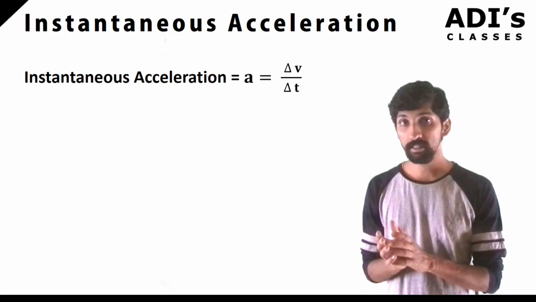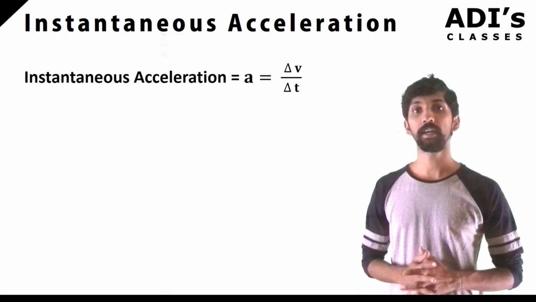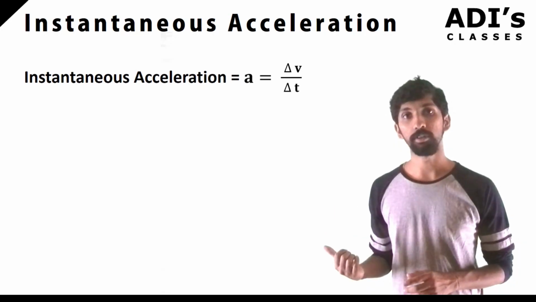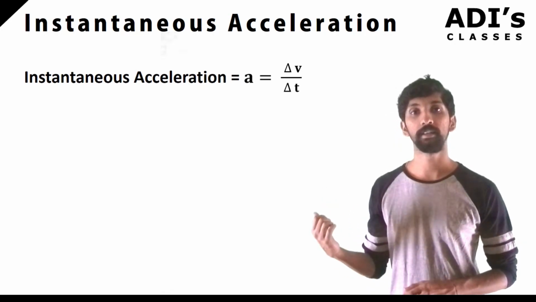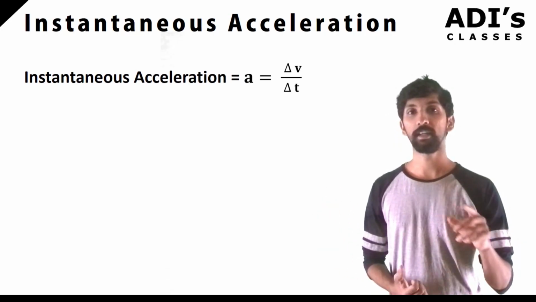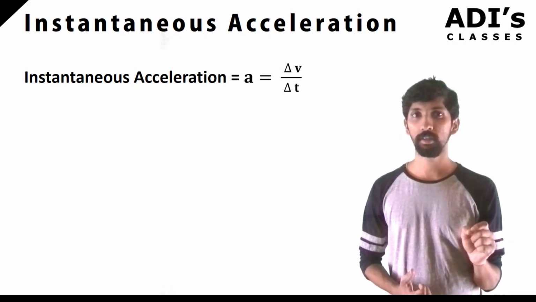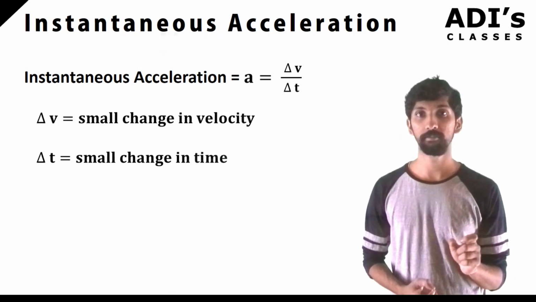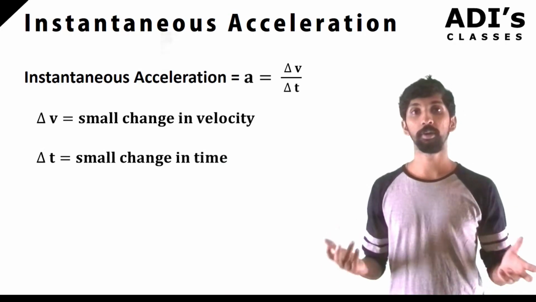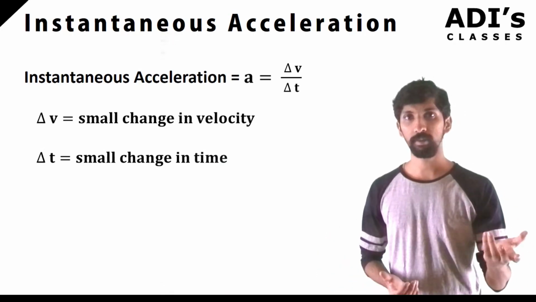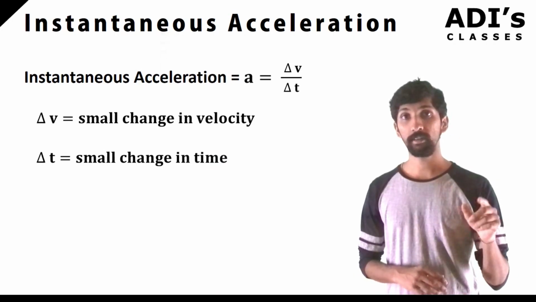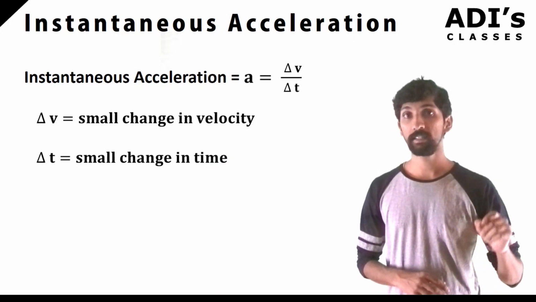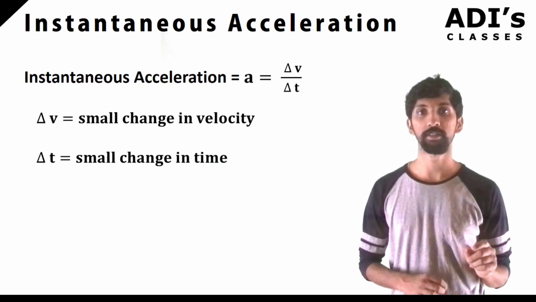That's the reason we write a = ΔV/ΔT. Here ΔV is a very small change in velocity and ΔT is a very small change in time, maybe like 0.5 seconds. 0.5 seconds is very small, correct? So ΔV/ΔT is the instantaneous acceleration.